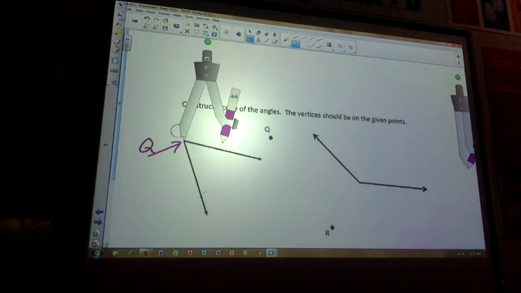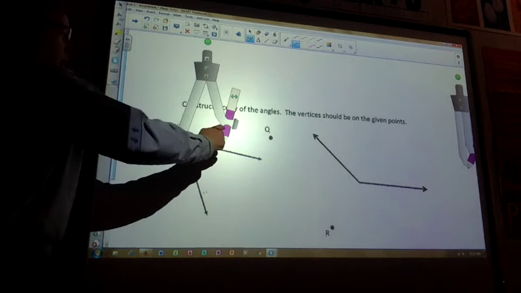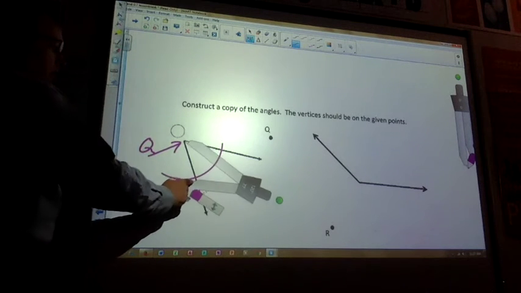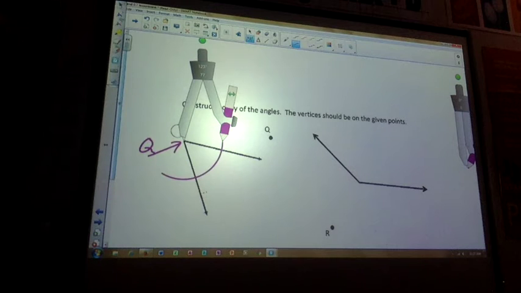I'm going to keep it as a consistent distance, and I'm going to swing an arc that touches the line twice. Okay? Where two lines intersect, you create a point. So you put your point on the vertex, the corner. You open your compass a certain distance. You swing an arc that intersects two lines.